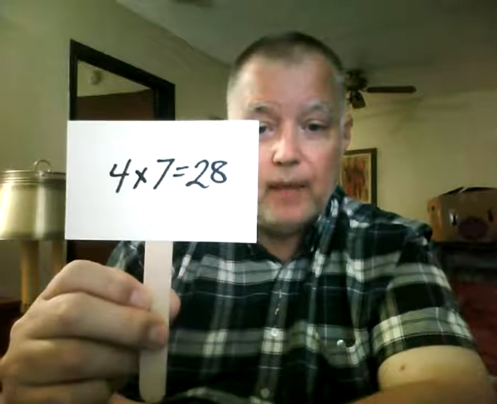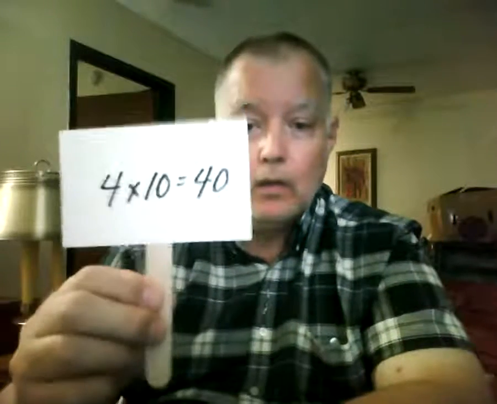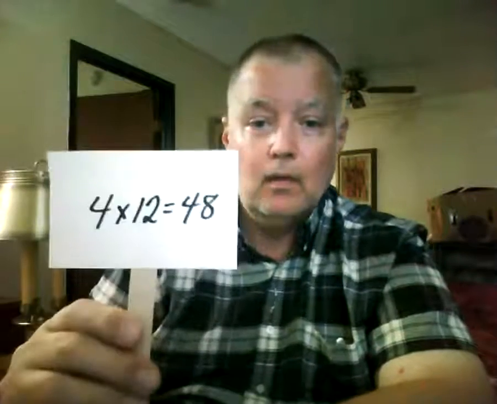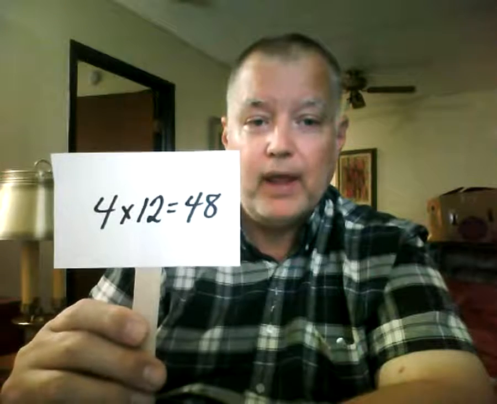Welcome. 4 times 7 is 28. 4 times 10 is 40. 4 times 12 is 48.